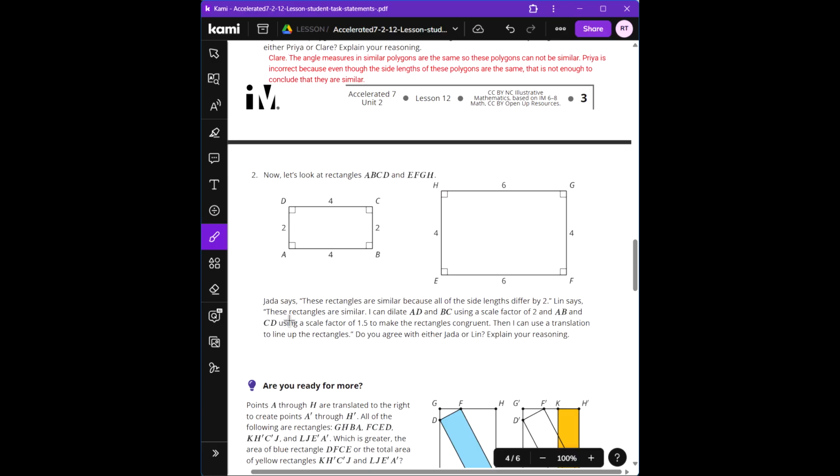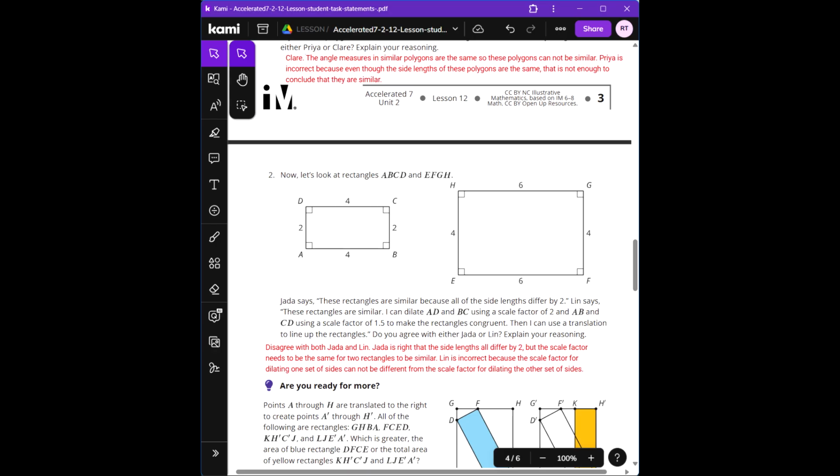Now let's look at number 2. Jada says these rectangles are similar because all the side lengths differ by 2 inches. Lynn says these rectangles are similar: I can dilate AD and BC using a scale factor of 2 and AB and CD using a scale factor of 1.5 to make the rectangles congruent. Then I can use a translation to line up the rectangles. Do you agree with either Jada or Lynn? And then explain your reasoning.